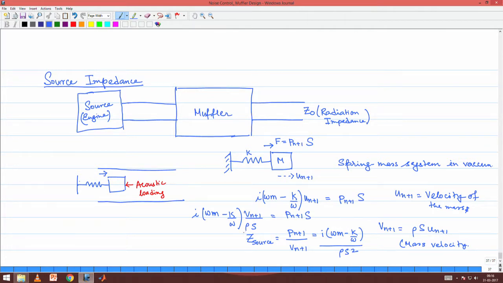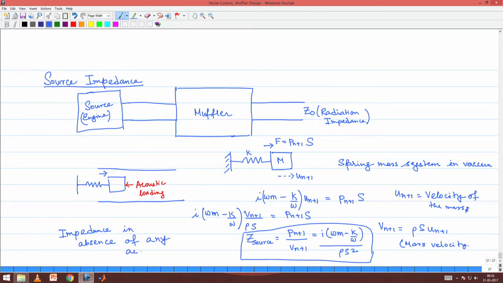So, this is the impedance in absence of any acoustic load.